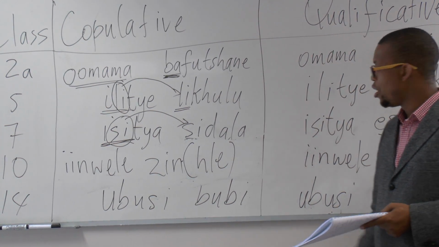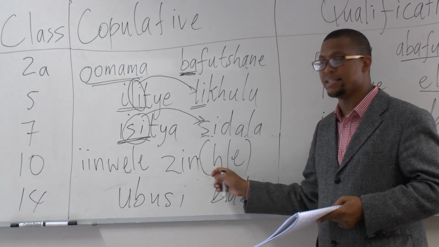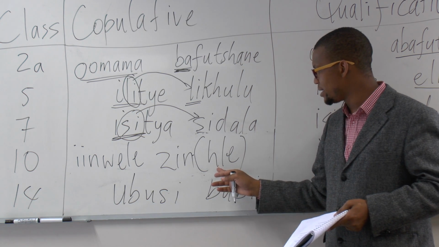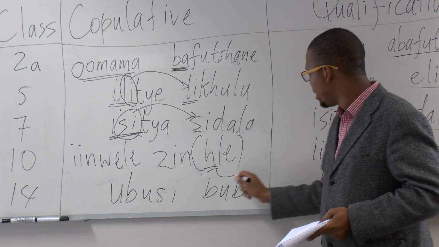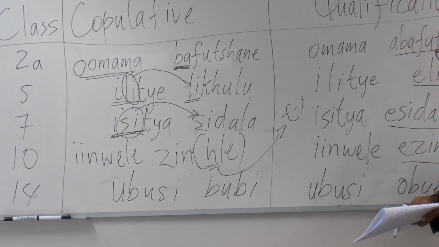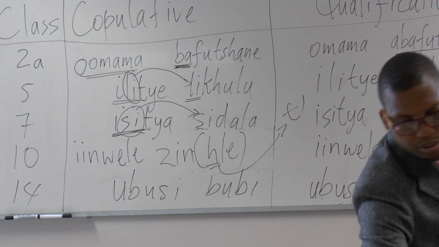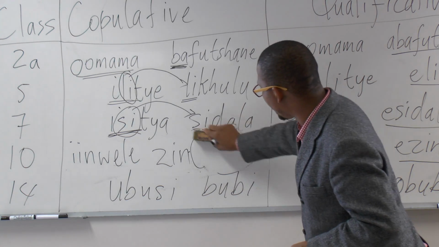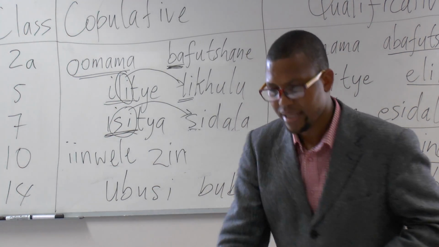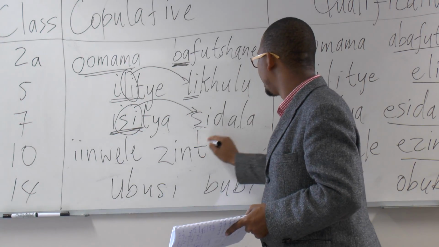When N comes in front of HL, this HL becomes TL. Inwele zin hle. Just that. Okay, we get inwele zi hle.